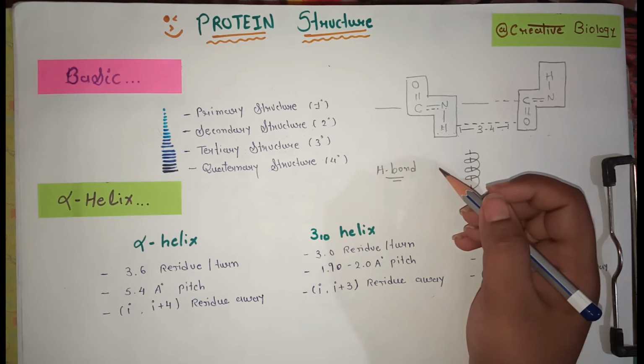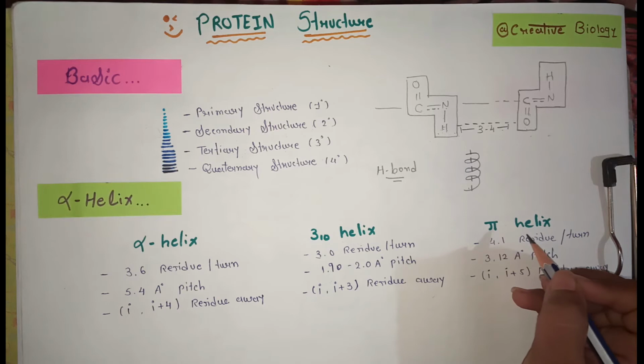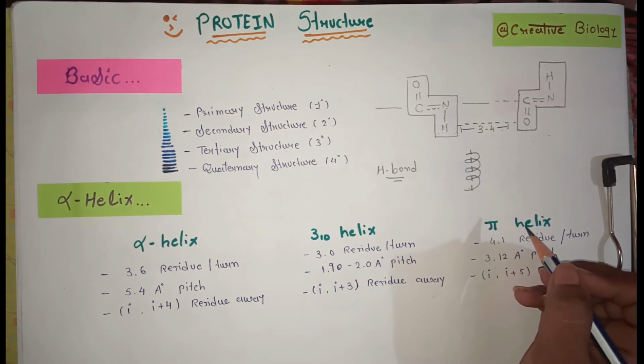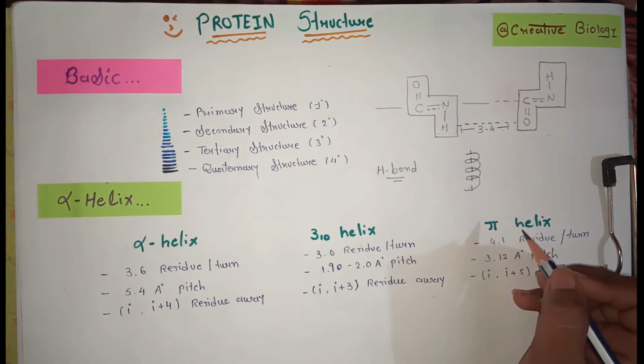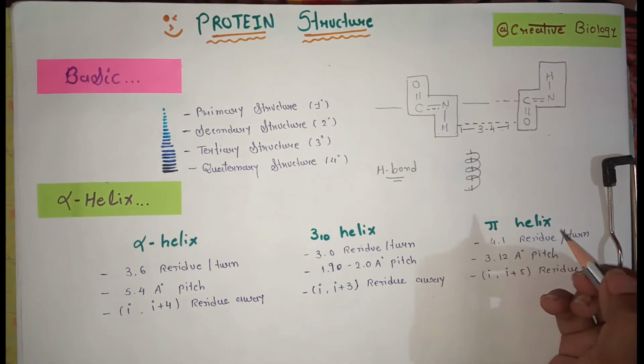Other helical structures, the 3-10 helix and the pi helix, also exist in nature in a very small percentage, approximately 3 to 7% of all the secondary structure of protein.